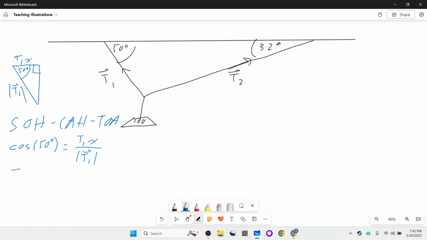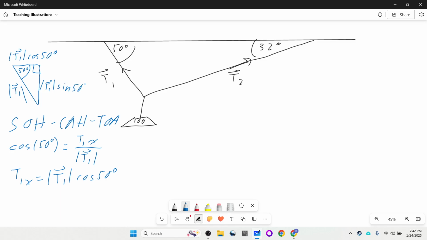So we could say T1x is the length of T1 times cosine 50 degrees. So I will go ahead and write that in there. Length T1 cosine 50. And then the y component would be length of T1 sine 50.